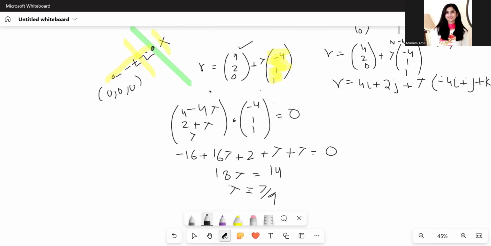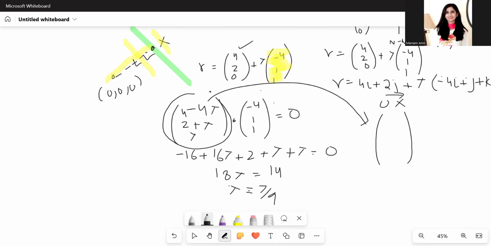We already have the vector OX in terms of lambda. We will substitute the value of lambda here and then find its magnitude. So when you substitute lambda equals 7 by 9, 4 minus 4 times 7 by 9 becomes 8 by 9. Then 2 plus lambda becomes 25 by 9. And lambda will just be 7 by 9.